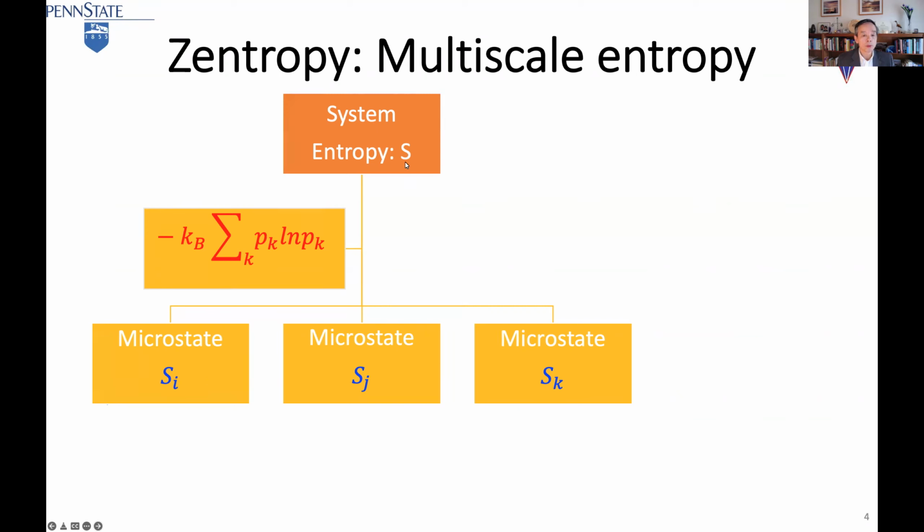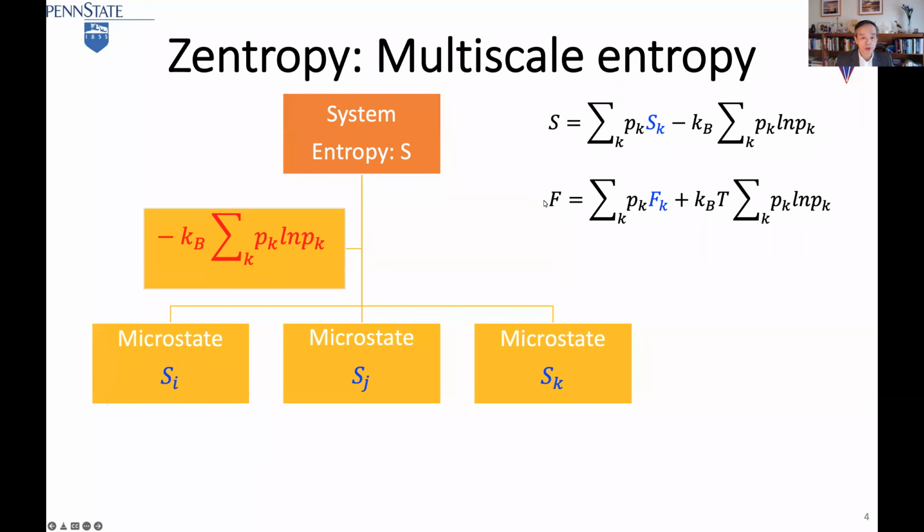So the total entropy of the system includes the configuration entropy among different microstates and the entropy of each microstate. That's our equation for the total entropy of the system, with two contributions: the individual microstates and the configuration among different microstates, represented by the probability of each microstate, Pk.